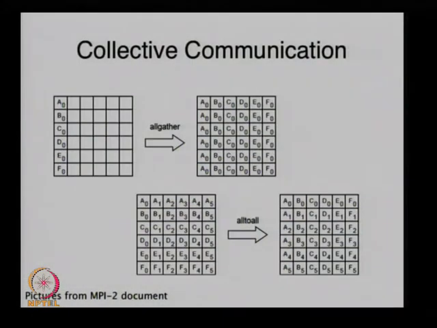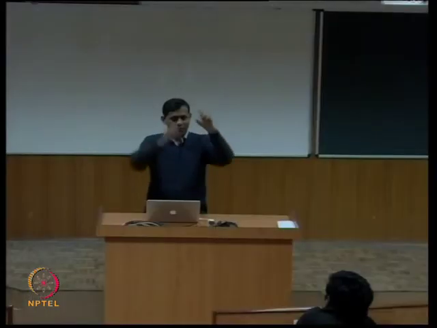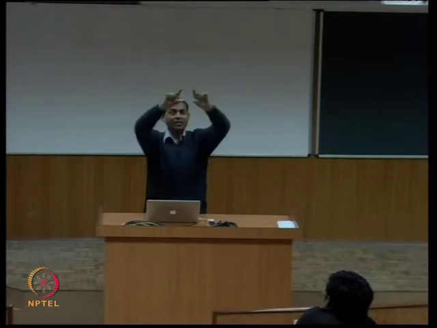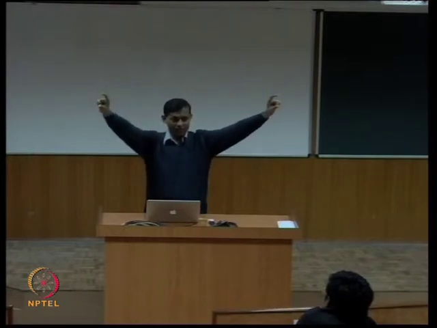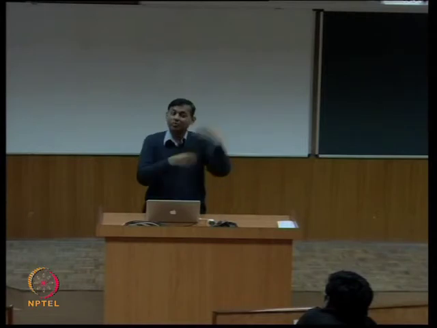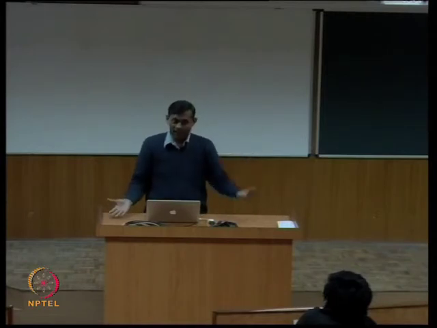Can you explain this, the all gather? What happens in gather? One processor is taking everybody's result and putting it in one array. In all gather, whatever that processor was getting is not divided. Everybody is gathering from the one element that everybody had.